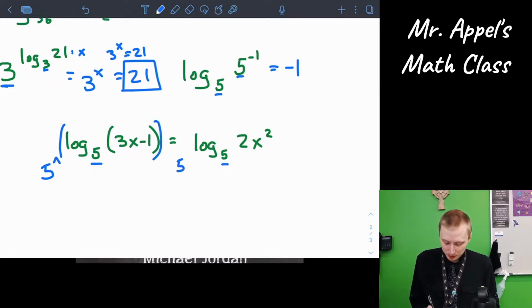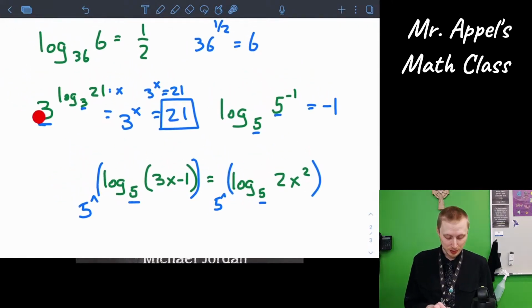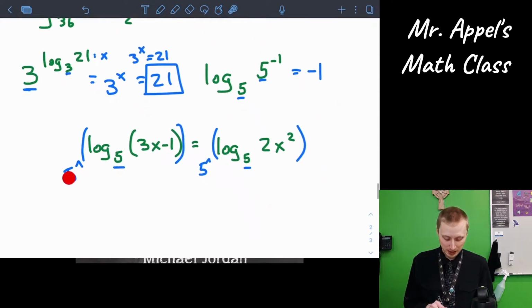And we'll do that on this side too. We'll take 5 to the power of all of that. And remember what happened over here when we had 3 to the log base 3? We just get the argument. So 5 to the log base 5 is just 3x minus 1.